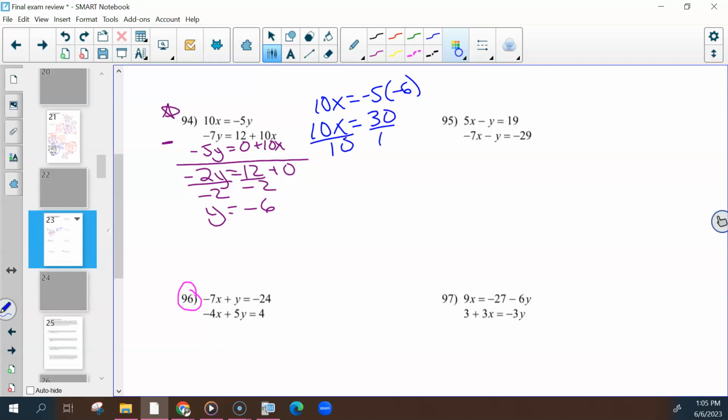Divide both sides by 10. And then write that as an ordered pair. Questions on that before we go on to the next one?